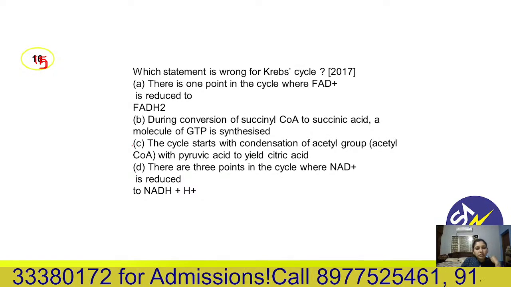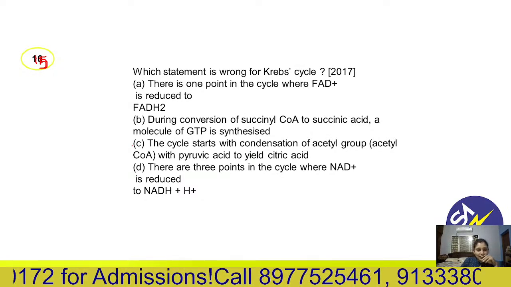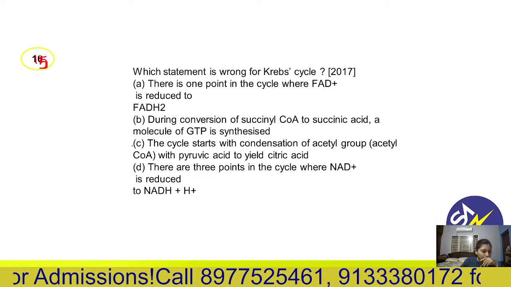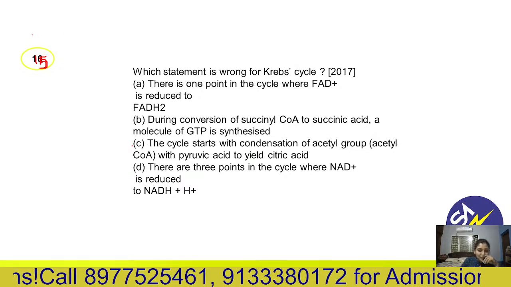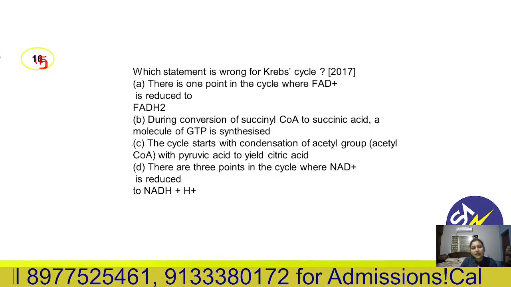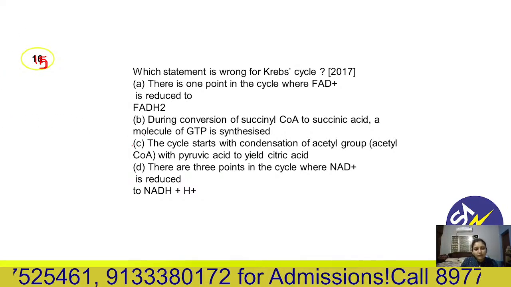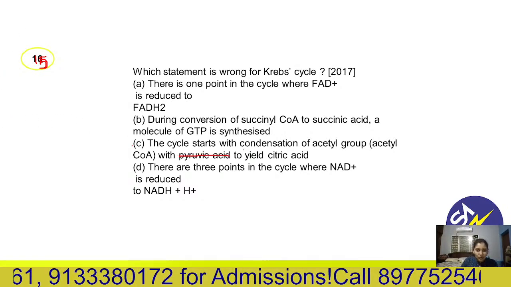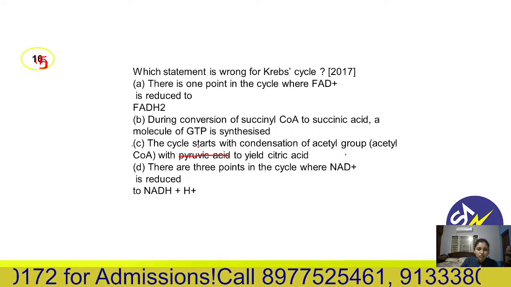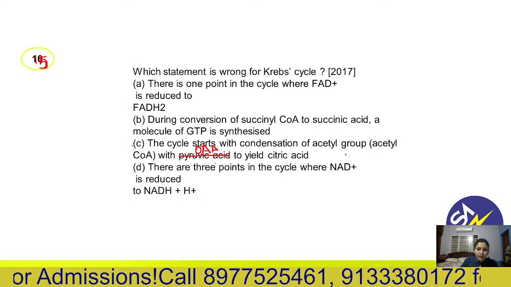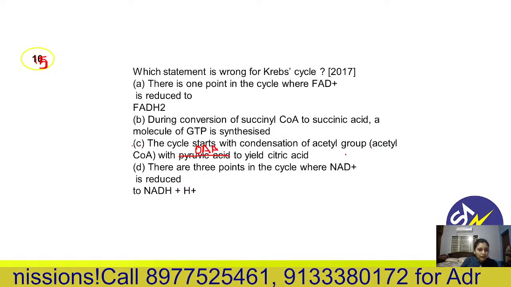Then during conversion of succinyl-CoA to succinic acid, GTP is synthesized, that is also correct. We need to select the wrong one. The cycle starts with condensation of the acetyl group of acetyl-CoA with pyruvic acid. This is wrong. It's not pyruvic acid, it is oxaloacetic acid, OAA. So our option is C.